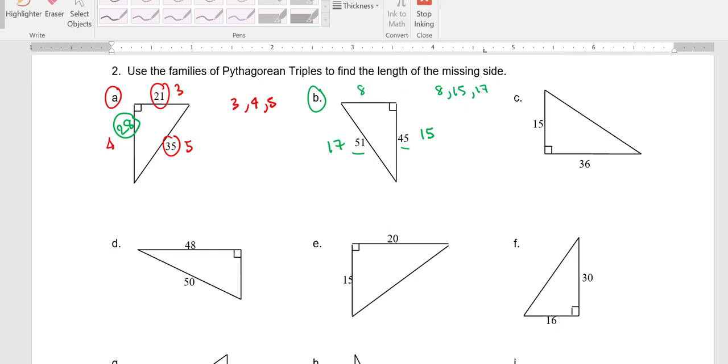But I need to multiply back up by 3, so this is going to be 24 on that side. The next one is 15, 36. Looks like I can have in common a 3. So this is going to be a 5, and this is going to be a 12. And that'll be a 5, 12, 13 triangle, but I need to multiply this by 3 to get it back up. So this is going to be 39.